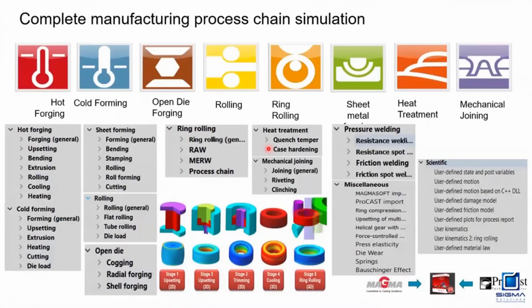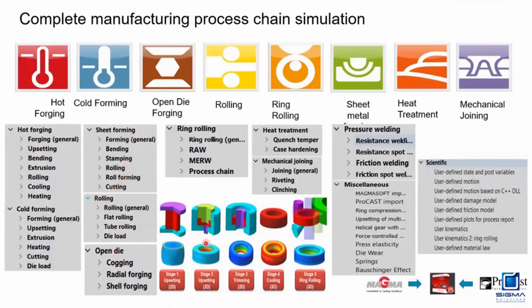When we are talking about conventional manufacturing processes, you might be working in any of these areas: hot forging, cold forming, open die, ring rolling, shape rolling, sheet metal, heat treatment, or any mechanical joining process. We can simulate the process. I put each and every operation inside these different categories.